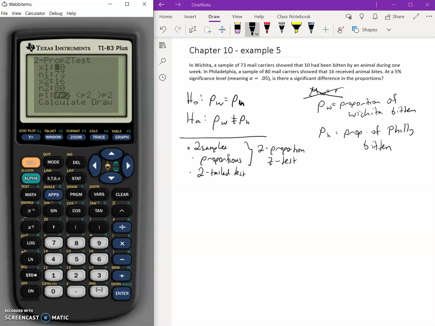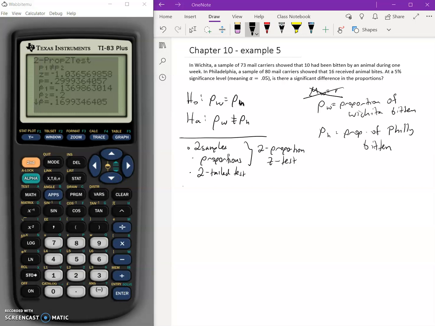Remember, these x's that we have, these are going to correspond to the number of whatever in that category. So we're looking at the number of people who have been bitten. So x1 is 10, n1 is 73 because there's 73 total, x2 is 16 because there's 16 received bites, 80 total. The alternative hypothesis says that they're not equal, and now I calculate this.